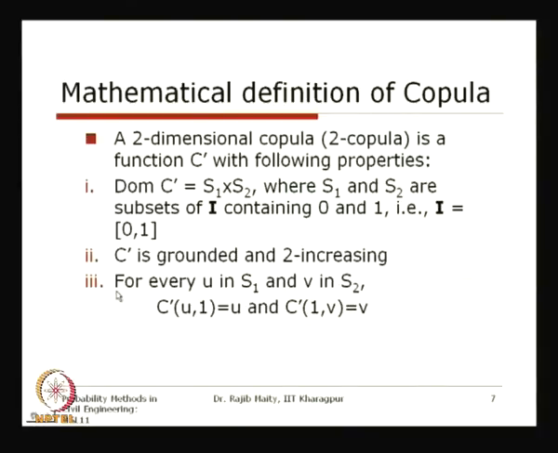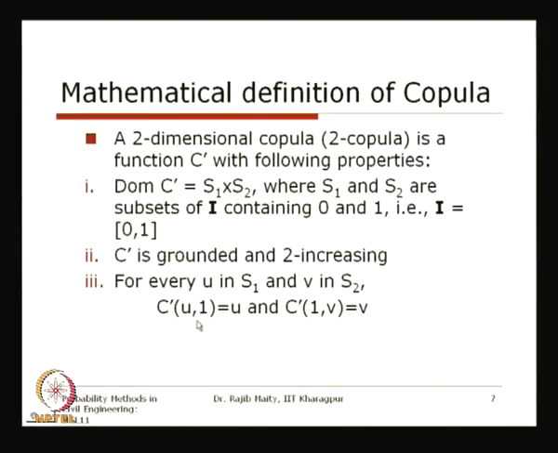The third property that it should follow is that for every u in S1 and v in S2, there are 2 values we are referring to for the 2 dimensional case. One is in the direction of S1, which is between 0 and 1, and another is in the direction of S2, which is also between 0 and 1. So C(u, 1) equals u.